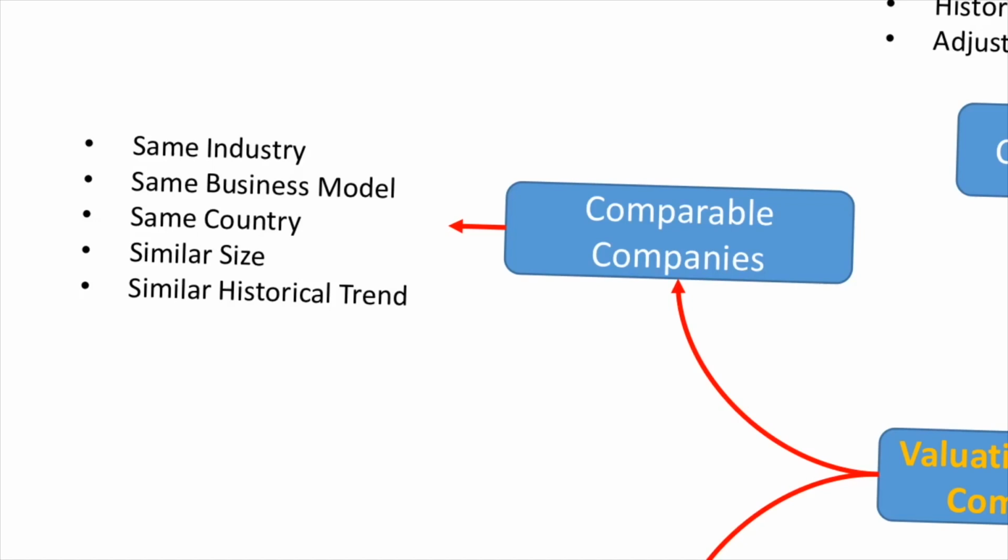So these are all aspects of similarity, and you will see when you do your assignment, you don't have perfect comparables. And so sometimes you need to accept a company that has a similar business model but operates in a different country, or that is in the same industry but has a slightly different business model, or that has the same business model in the same country but is much bigger or much smaller, so of a different size. Okay? So you will need to adjust and improvise.